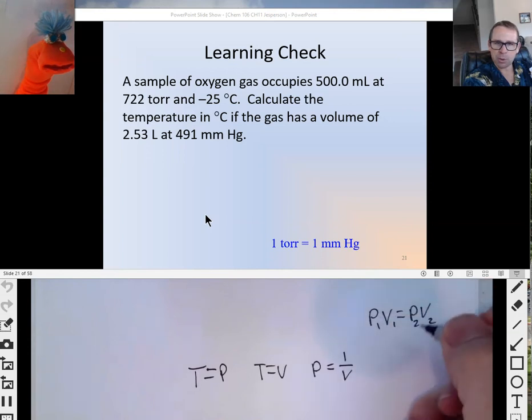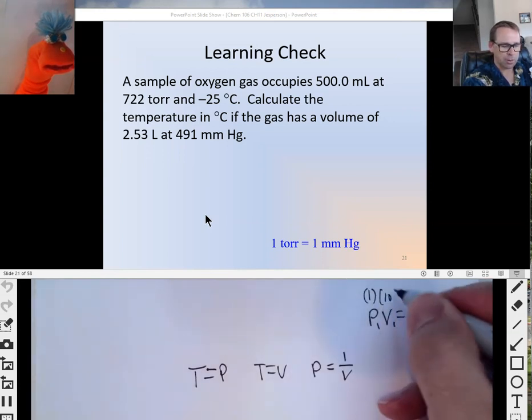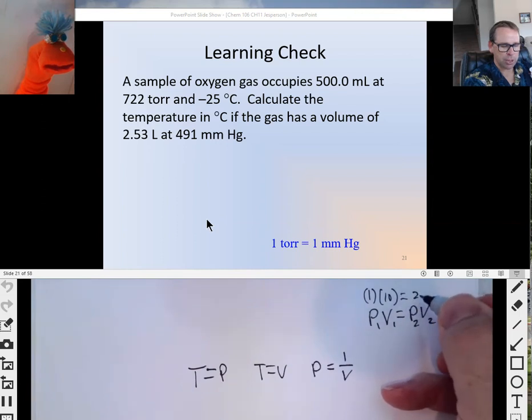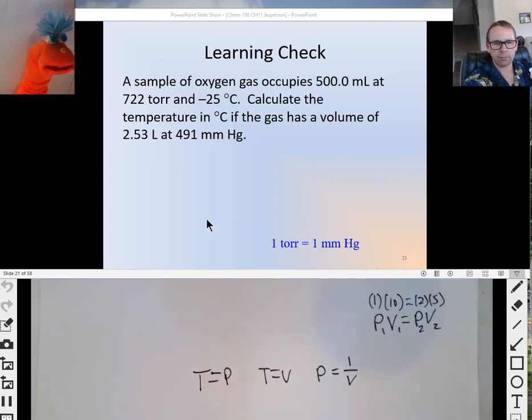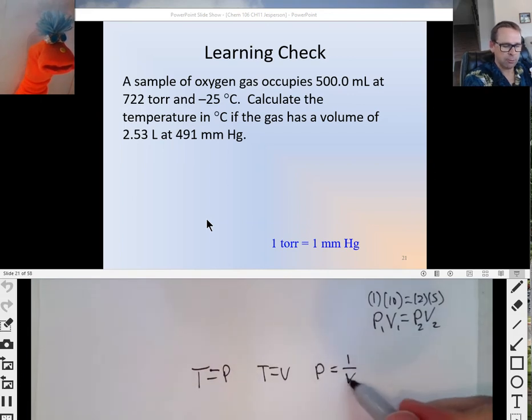Let's put in some numbers to make sense of this. If I had 10 liters at 1 atmosphere, and I doubled the pressure, put it underwater, 2 atmospheres, I see that the volume must now be cut in half. If I double the pressure, the volume has to be cut in half.